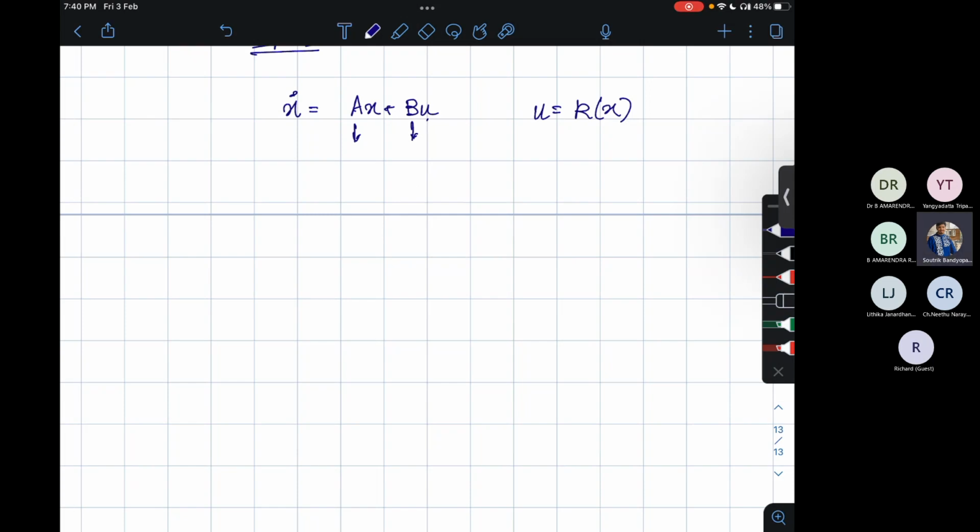This is the beauty of adaptive control: you don't know what your system is. You have some idea of the system, and you are still able to control it by learning the system online. So this is the overall higher level picture of why you want to do this course.